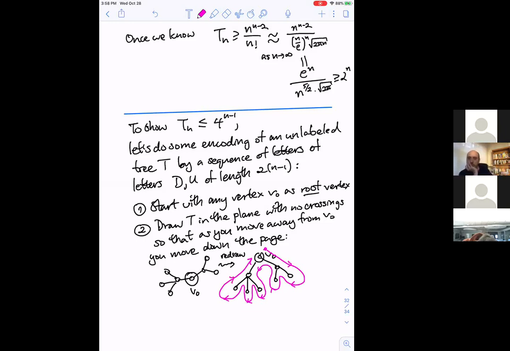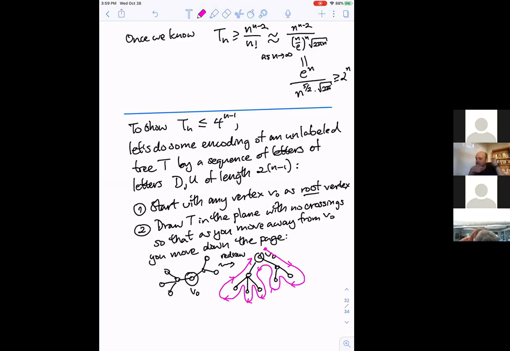Now the point is, as I went around the tree, I'm going to pass every single edge in the tree twice. Sometimes I'll pass it on one side going down, and then the next time I see it, I'll be coming back, going up, or I might go first up and then down. It depends.